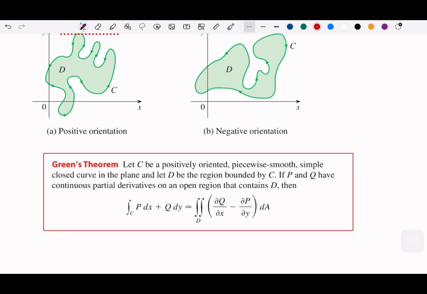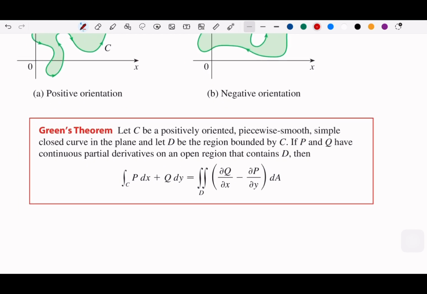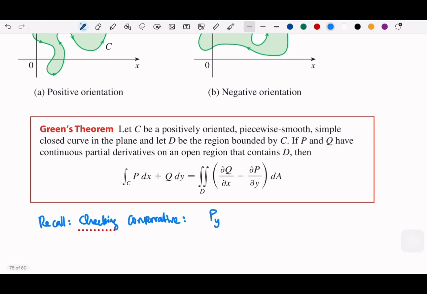You could relate this Green theorem equation to the previous independence of the path that we checked. Okay, so when we check whether a field is conservative or not, recall, in checking conservative, we are checking whether the partial derivative of P with respect to y is equal to the partial derivative of Q with respect to x, right?